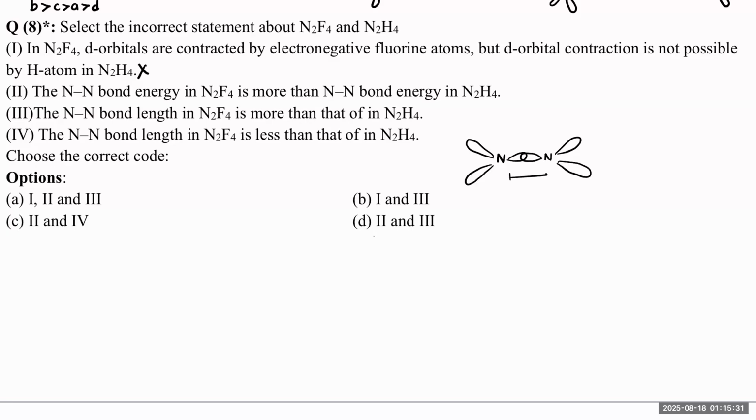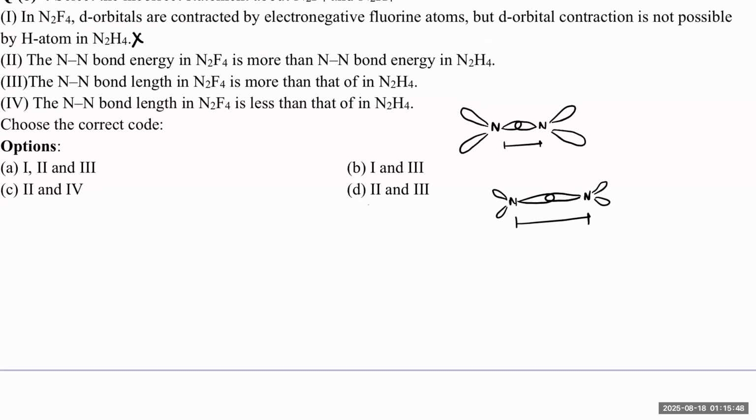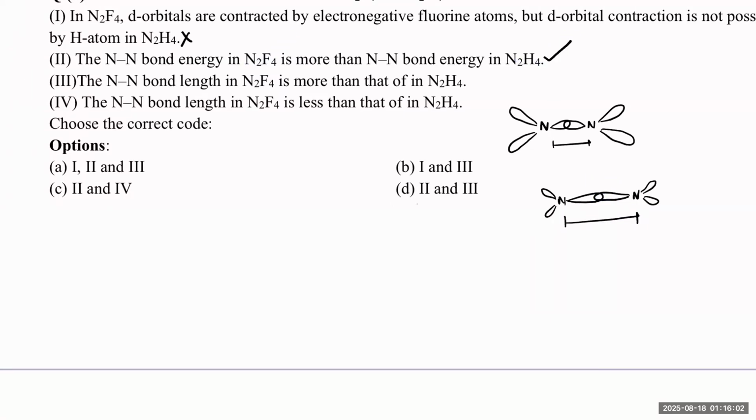So the bond length is smaller here, but in N2H4 they will be smaller this way, isn't it? Now tell me, where is the bond length longer? Bond length is longer in N2H4. So if the bond length is longer, energy required is less. So it is easy to break N2H4 as compared to N2F4. So this statement is correct.